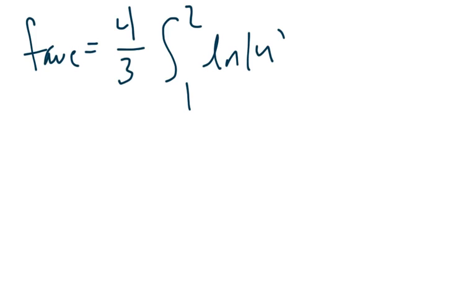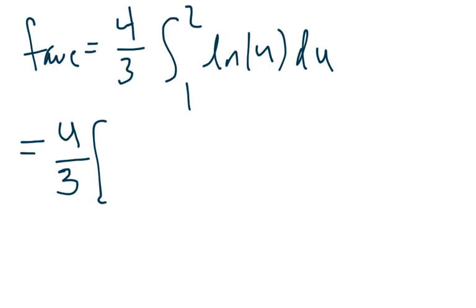So my integral, I'll write in the next page. We have f_av is equal to 4 over 3, integral 1 to 2, ln u du. Now, you can integrate this by parts. I have the formula written down.